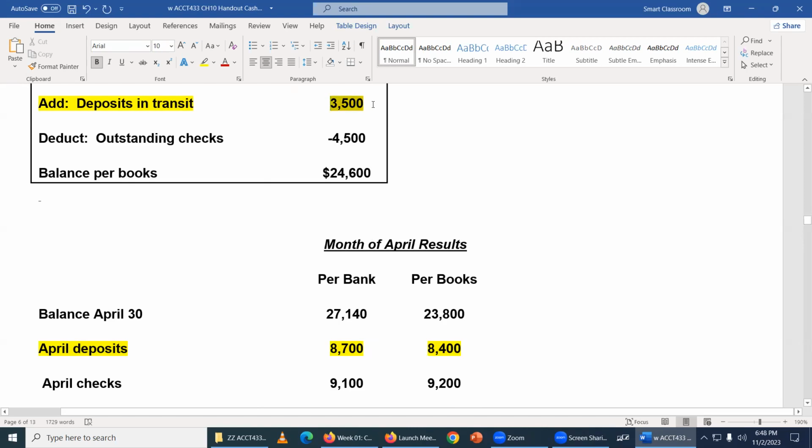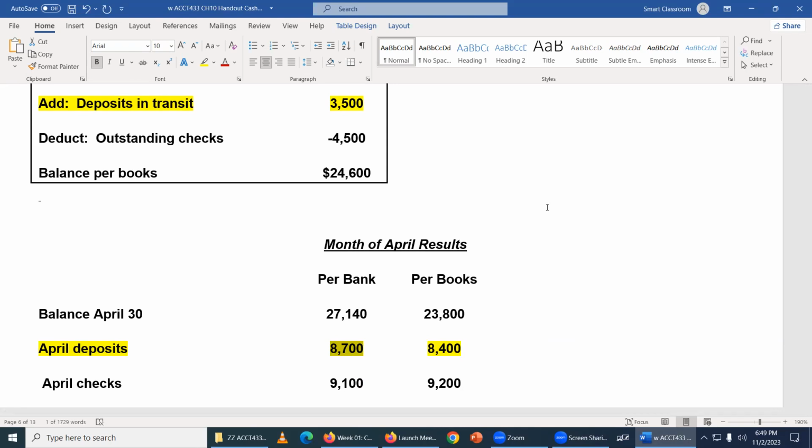Notice 3,500 was put in at the end of the month. We deposited another 8,400 and the bank has collected 8,700. How much of the deposits are still in transit? If you have it, yell it out.